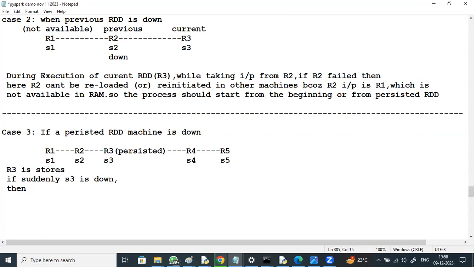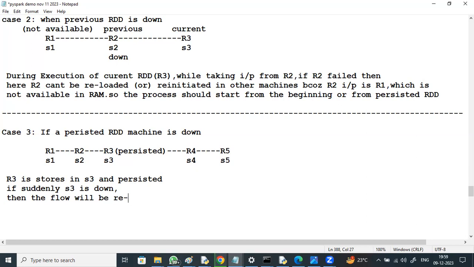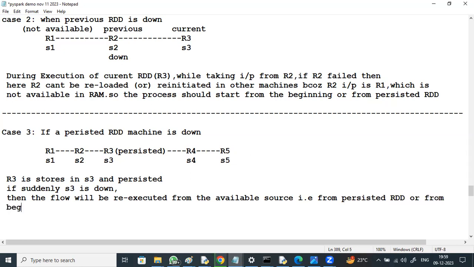R3 is stored in S3 and persisted. If suddenly S3 is down, the flow will be re-executed from the available source, that is from the persisted RDD or from the beginning, automatically.